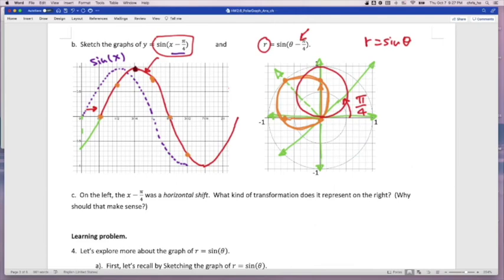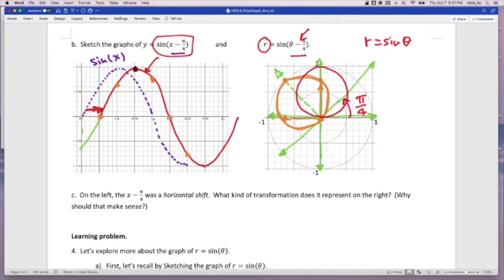So instead of a translational shift in the x direction, as in the case of a Cartesian function, in a polar function, when the angle is subtracted by a constant, that results in an angular rotation of the original curve by that same amount.